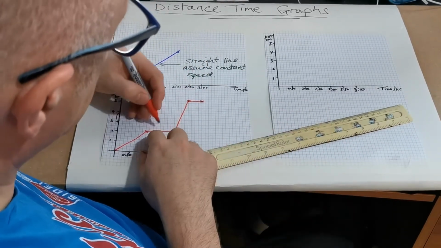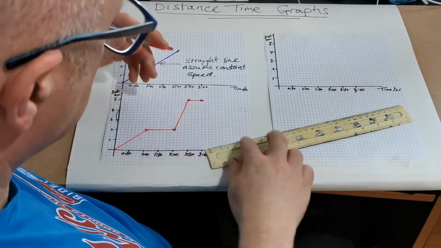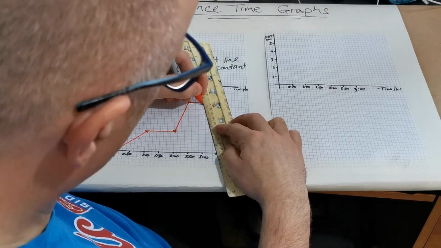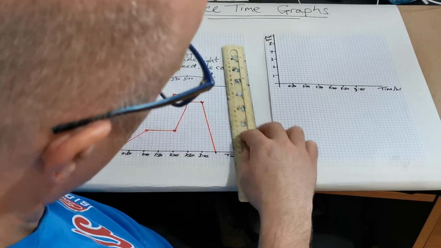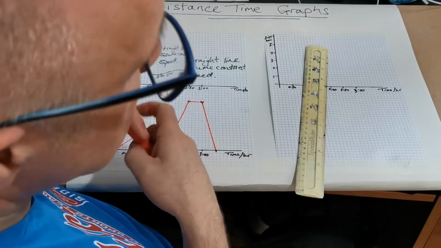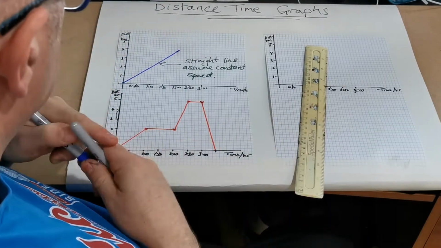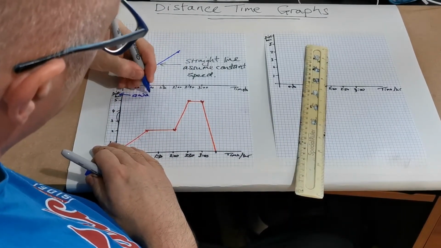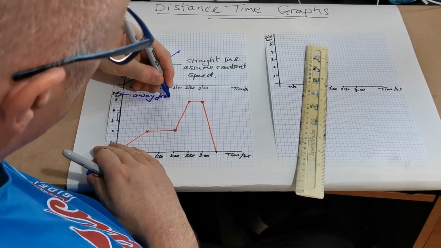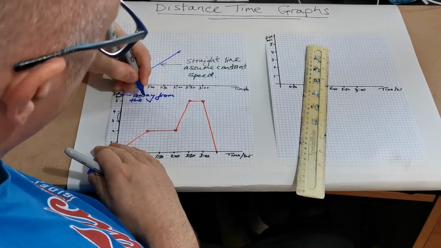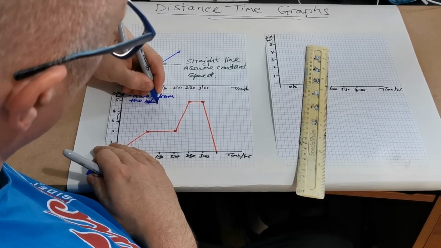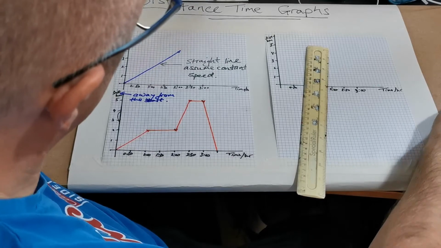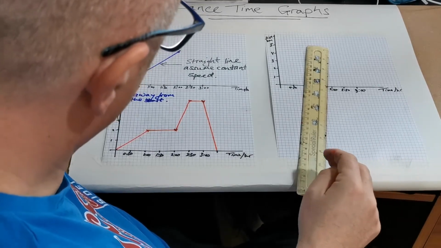So I've got these places where I stay, and then I might think, right, I'm going to come all the way home. So strictly speaking, this distance here is the distance away from the start. And if you were a physicist and certainly an A-level mathematician, you would use the word displacement for that.